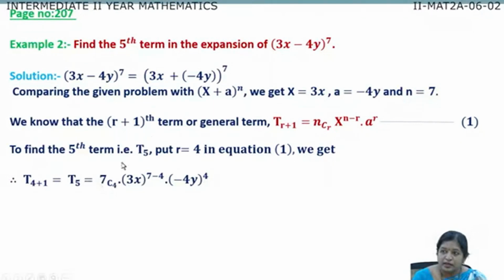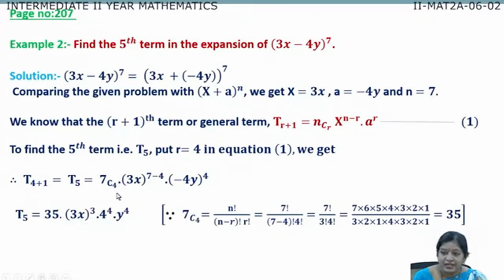N value is 7, so 7C4, r value is 4, into x value, just now we have seen 3x, so substituting this value here, (3x) to the power of n minus r, 7 minus 4, into a power r, a value is minus 4y, so (minus 4y) to the power of r value is 4.